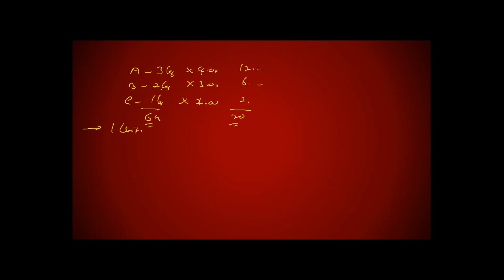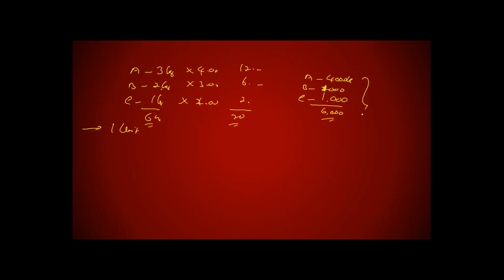Let's assume that for the particular period we were working, we have put 4,000 kilograms of A, 1,000 kilograms of B, and 1,000 kilograms of C. So 4,000, 1,000, and 1,000, 6,000 kilograms.